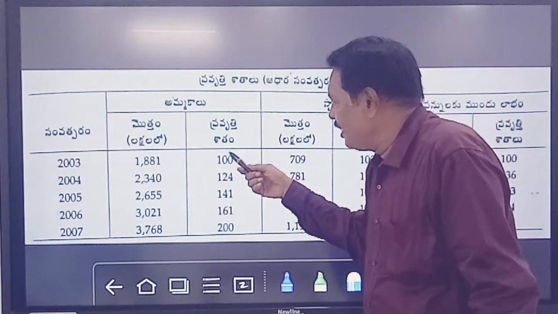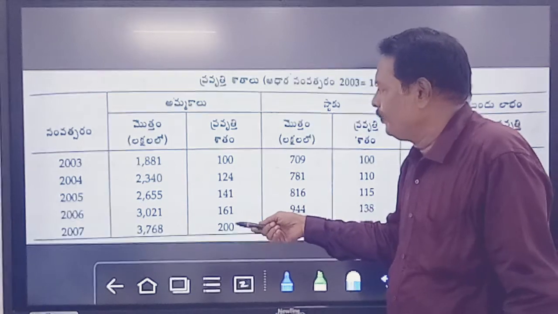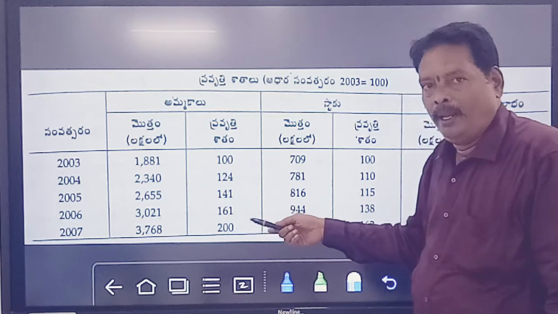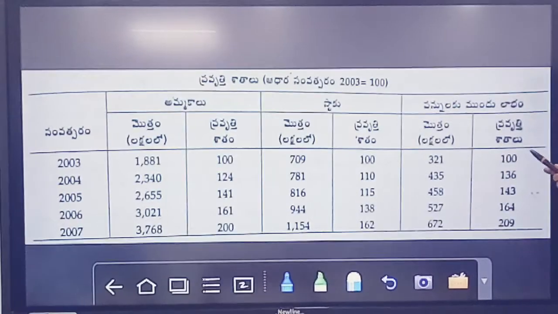Because here sales are just doubled. 100 is doubled to 200 in 2007. Whereas profits, 100 is more than doubled, 209. That indicates the company's performance is very good. That indicates the financial profitability of the firm is very good.